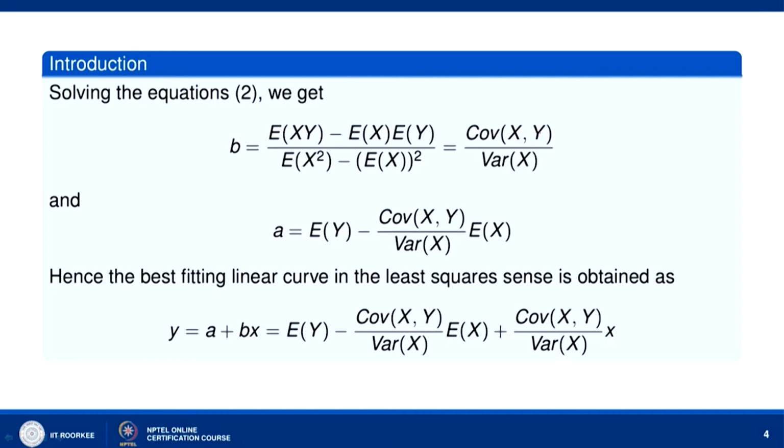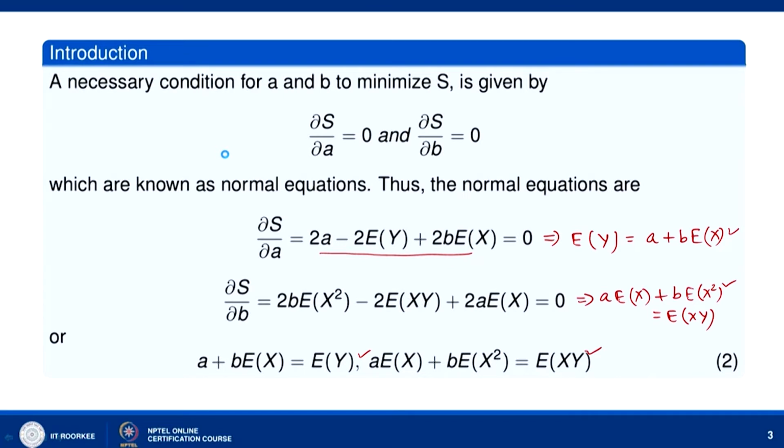So, covariance of xy divided by E[x square] minus (E[x]) whole square, which is variance of x. So, b equal to covariance of xy divided by variance of x, and when we put the value of b in one of the two equations, say for example E[y] equal to a plus b E[x], we get the value of a.